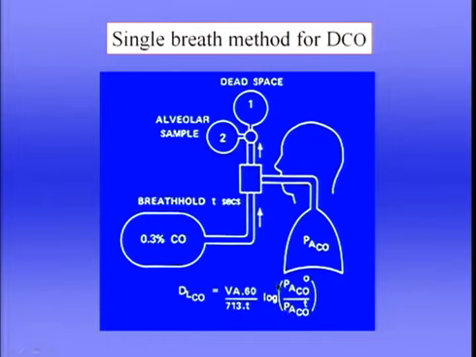And then we have a fancy equation here that you don't really need to worry about, and that allows us to calculate the diffusing capacity for carbon monoxide. It's a fancy equation because during the breath holding period, the rate at which the carbon monoxide leaves the lung decreases because the partial pressure of carbon monoxide is falling, and so there's an exponential fall actually in the level of carbon monoxide, and therefore the rate of uptake of CO decreases.